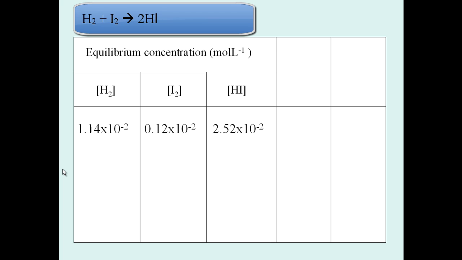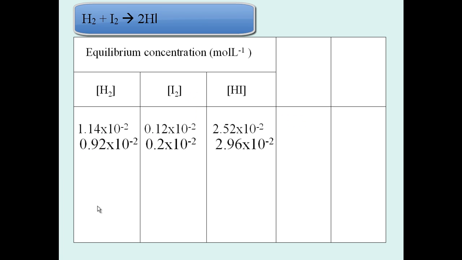It's all in equilibrium. But once it's all settled down, no matter what the starting conditions are, that's what we've got of hydrogen, that's what we've got of iodine, that's what we've got of hydrogen iodide. That's the first experiment that's been carried out.